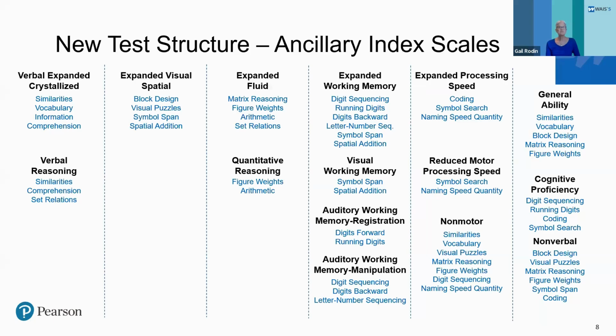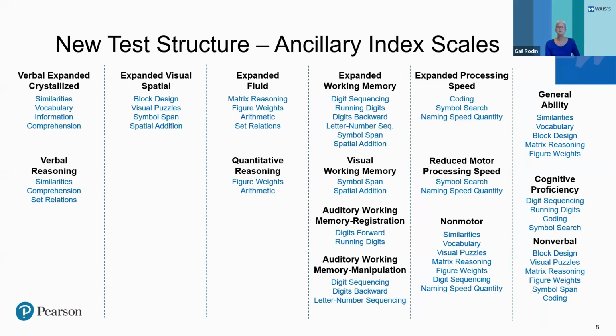Expanded visuospatial, you can see, also has 4 subtests in it, 4 subtests for the expanded fluid. Expanded working memory has a tremendous number of subtests in it, and this is to help you break apart what's working and what isn't working in the working memory area. And we'll look further at what you can do in that area in just a moment.